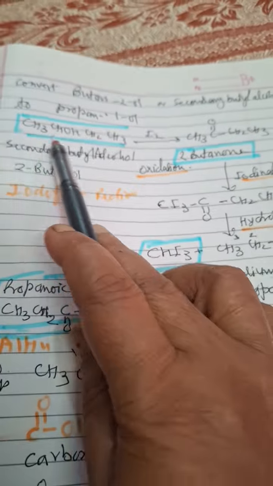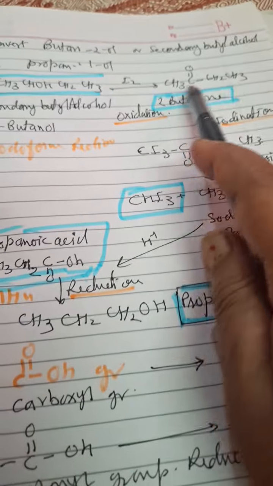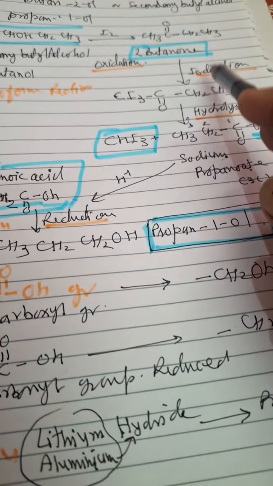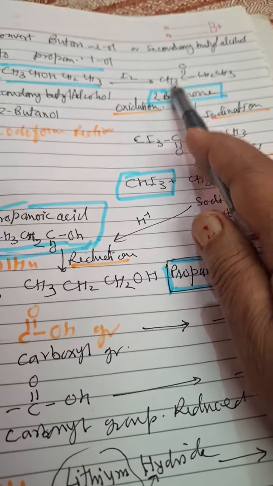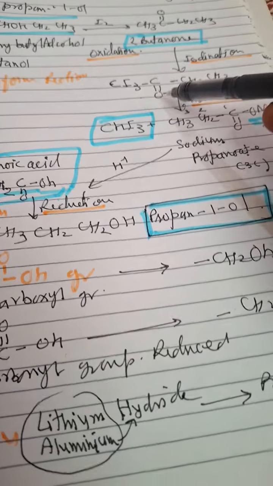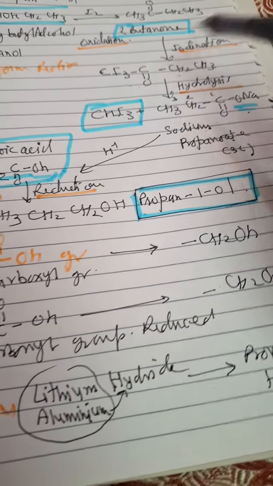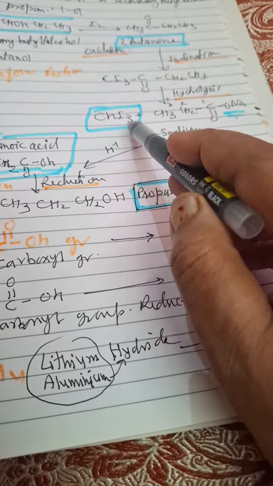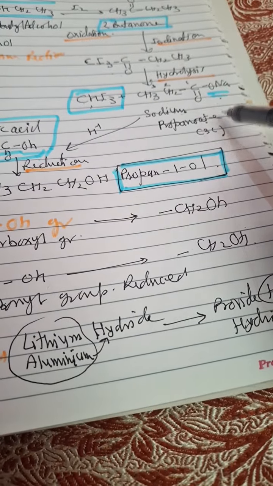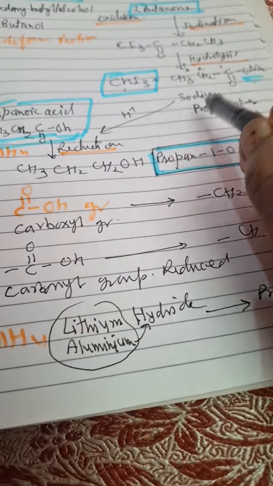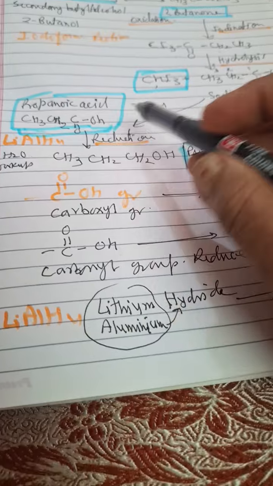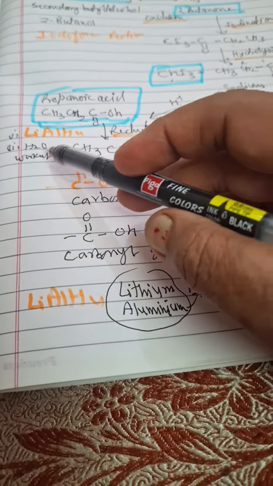See, secondary butyl alcohol with I2 plus NaOH: first acetone is obtained, oxidation takes place, then iodination takes place. This 3 alpha H is converted into the CI3 group, and COCH2CH3 is obtained, and then hydrolysis cleaves this iodoform and we get sodium propionate, 3 carbon, and on acidification, propanoic acid.